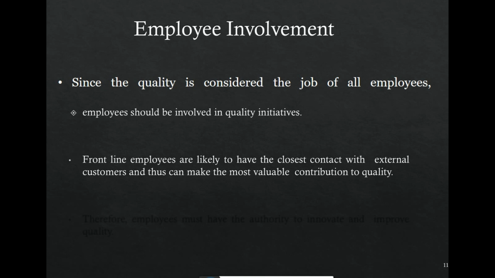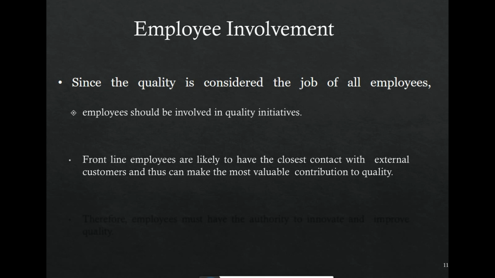Quality is not only that the product is good, or that the customer is satisfied with the product, but quality also involves your emotion, your behavior. For example, if your frontline employee is not behaving well with the customer, you cannot say that the customer is happy with your product, that the customer is delighted with your product. Frontline employees are those who are very close to your external customer.